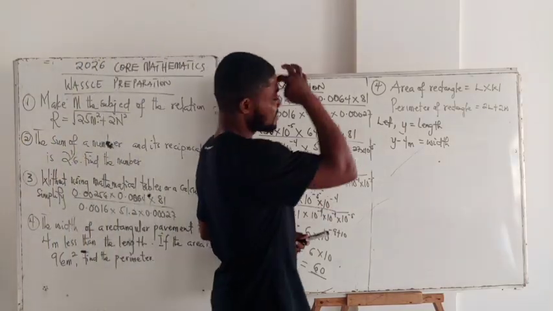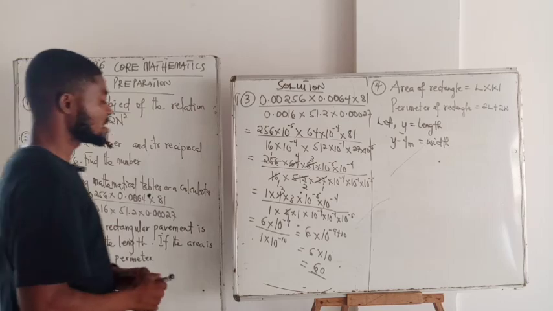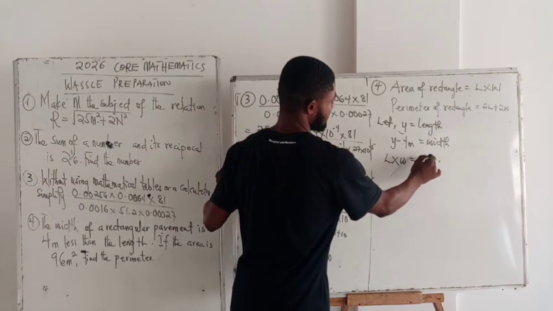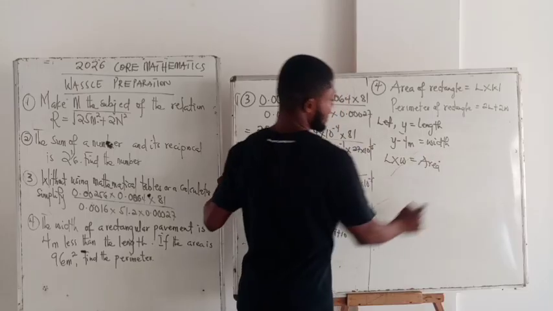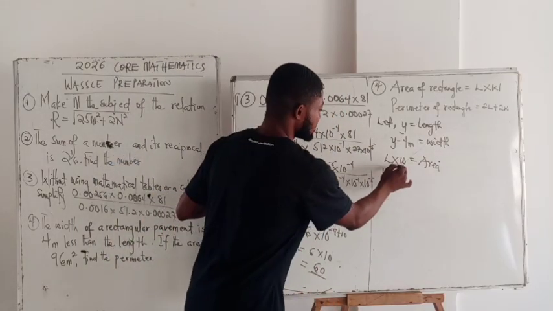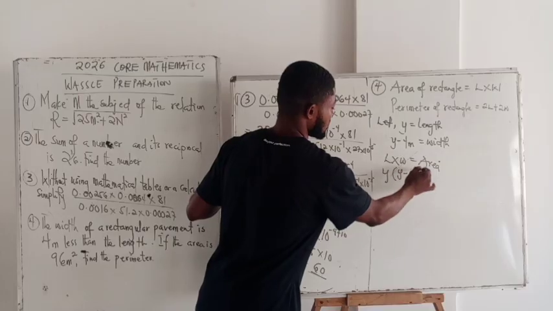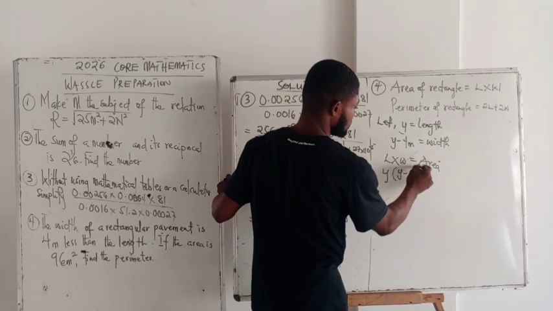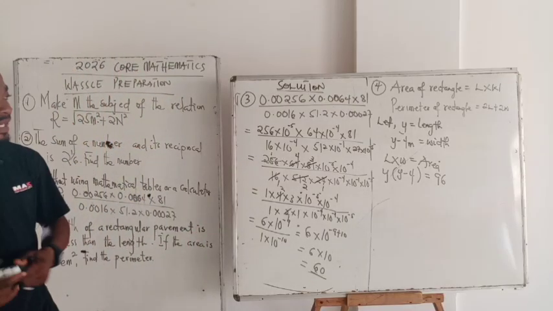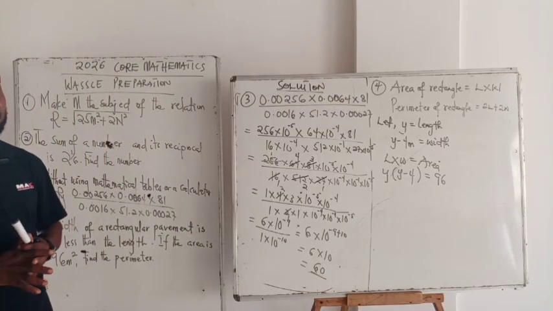We can now do substitution. We have the area in the question. So by substitution, I get length times width, giving me the area. I know this is length, this is width. So y into bracket y minus 4 is equal to 96.